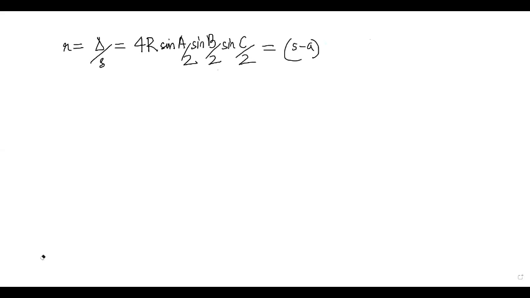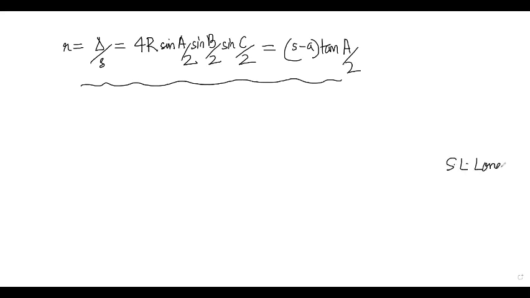In center we have done. Previous slide, there is nothing. I just told you what there is. All of these derivations are there in SL Loney. What you have to do is chapter 15 and chapter 12.